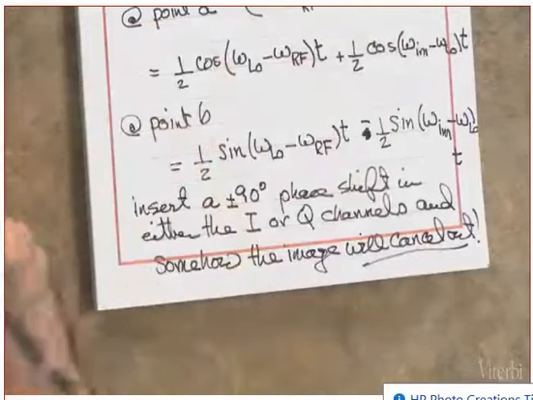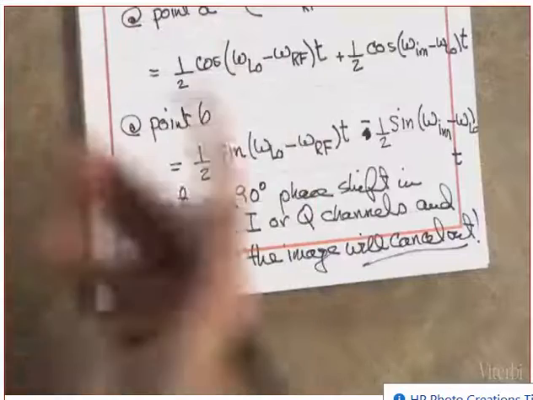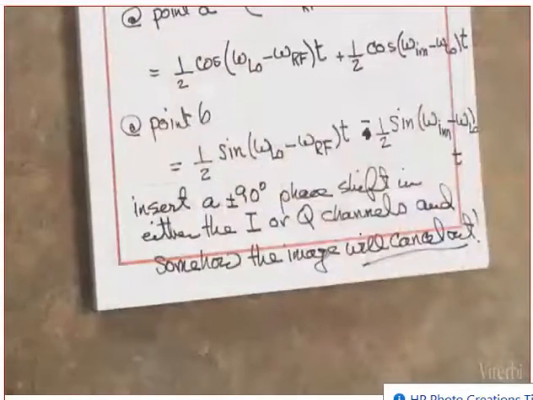Are you following me or not? Figure it out yourself, whether it's plus or minus. Is it that hard? No. It's not that hard. It's trigonometry stuff. Clear? Yes. Okay.